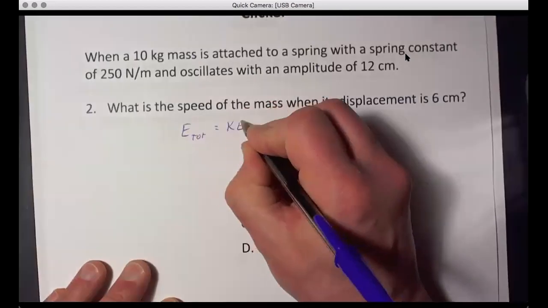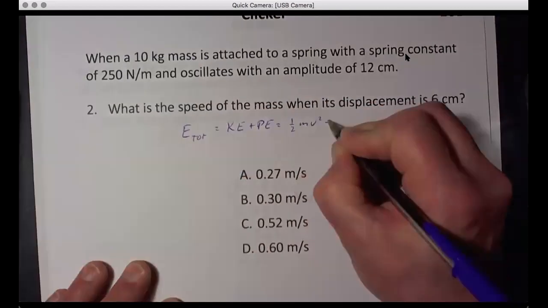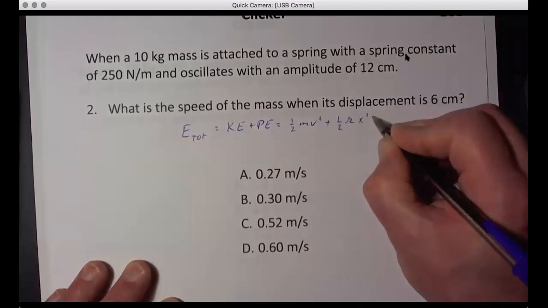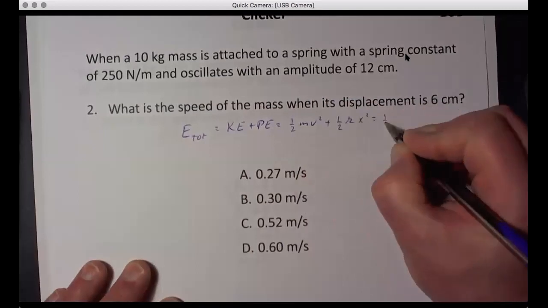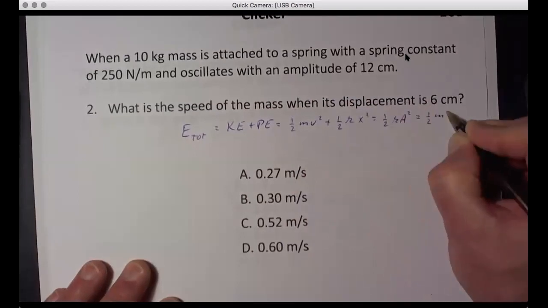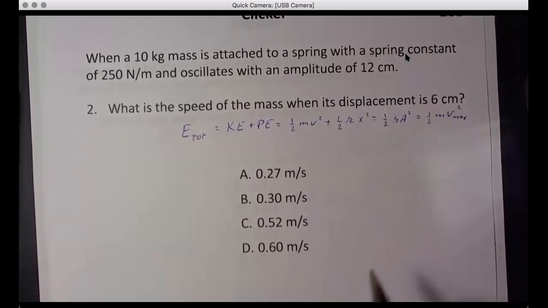KE plus PE is 1/2 mv squared plus 1/2 kx squared is equal to 1/2 ka squared is equal to 1/2 m v max squared. This is the piece that we want right in here.